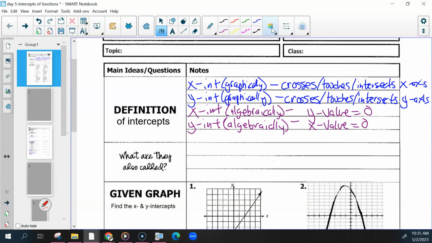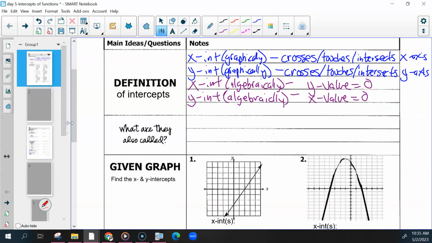There are different names for x-intercepts. We've talked about them before. Anyone remember what those are? Solutions is one of them.